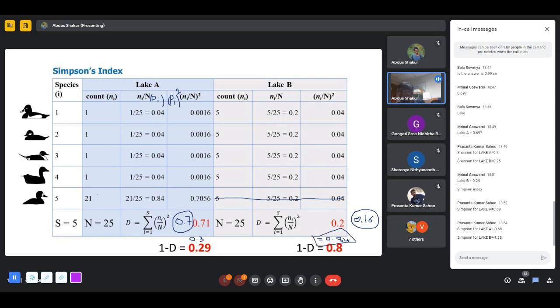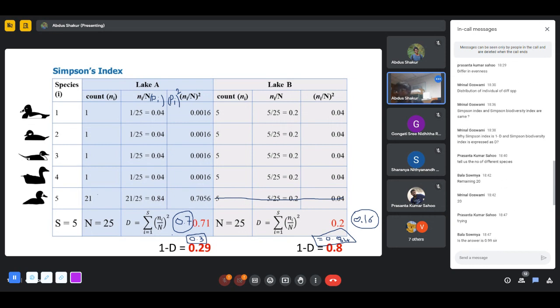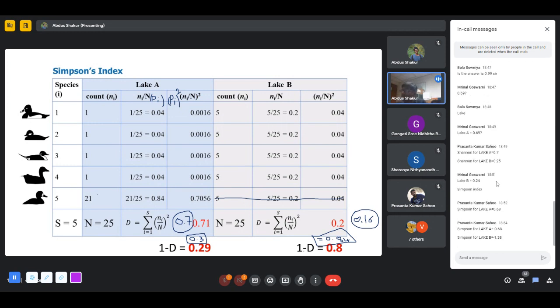So from these 1 minus D values, it says Lake B has higher species diversity compared to Lake A, right? I think Mrinal asked this question. I hope this answered you. So why do we do 1 minus D? It helps us understand it better instead of having confusion. So Lake B has higher diversity.